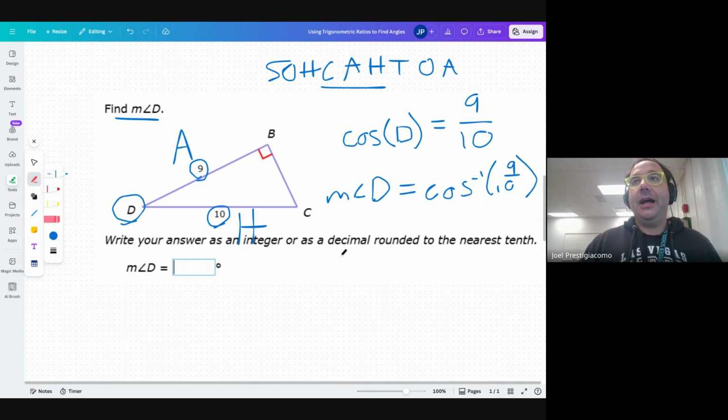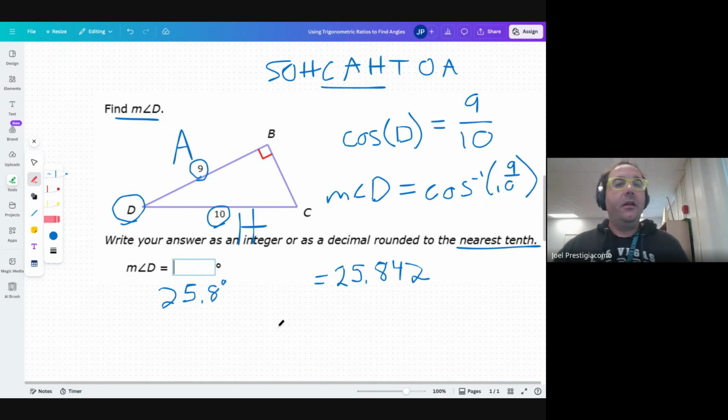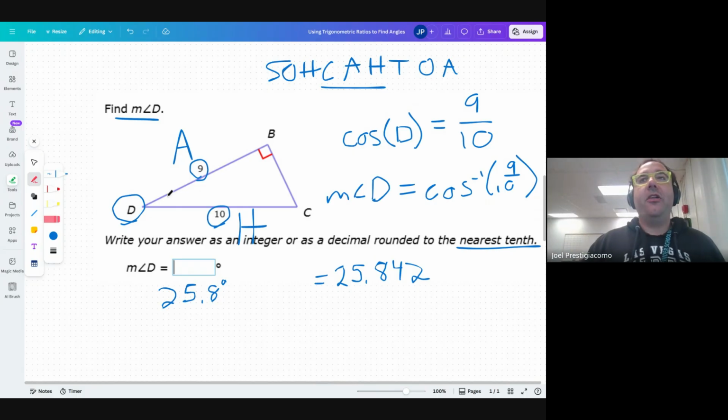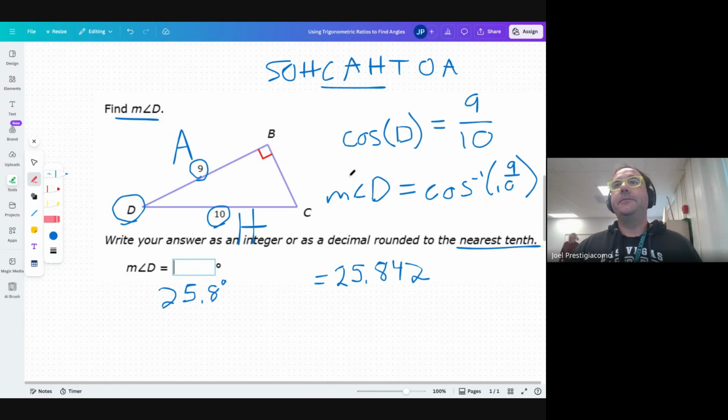The answer that I got here was 25.842. It says to round to the nearest tenth, so this would be 25.8 degrees. That makes sense. It's a smallish angle, but totally fits within a right triangle.